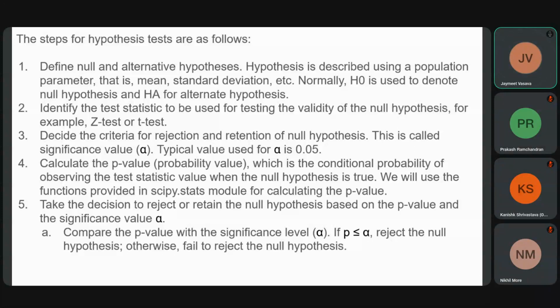Now, fifth is taking the decision, depending on the probability value that we got for our experiment, whether we reject or retain the null hypothesis. Comparing the probability value with the significance level or alpha, if p is smaller than or equal to alpha, we reject the null hypothesis, else we retain the null hypothesis.